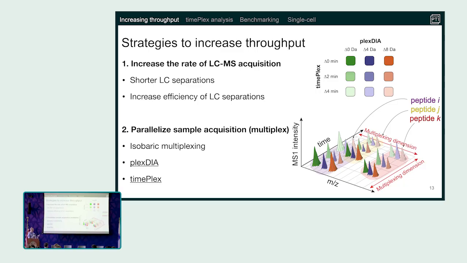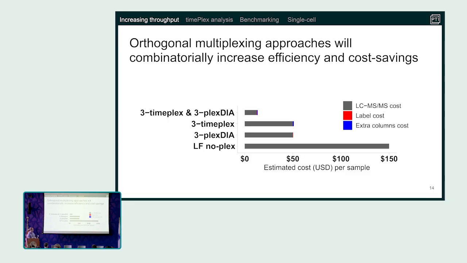So you can actually quadratically scale the throughput that you get and also the cost savings. So any developments that we make on the plexDIA side, with developing PSM tag, 9-plex, and in the future, are all going to contribute synergistically with timeplex, and we'll get this really rapid accelerated increase in throughput and cost savings.